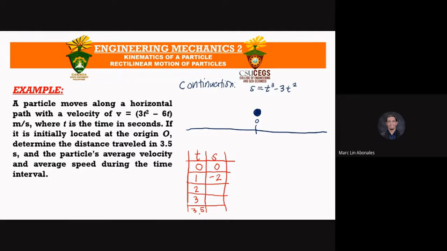When time is equal to 2 seconds, what is the position? Continue substituting the values. Negative 4. So it continues to move to the left. How about 3? 0. How about 3.5? 6.125.